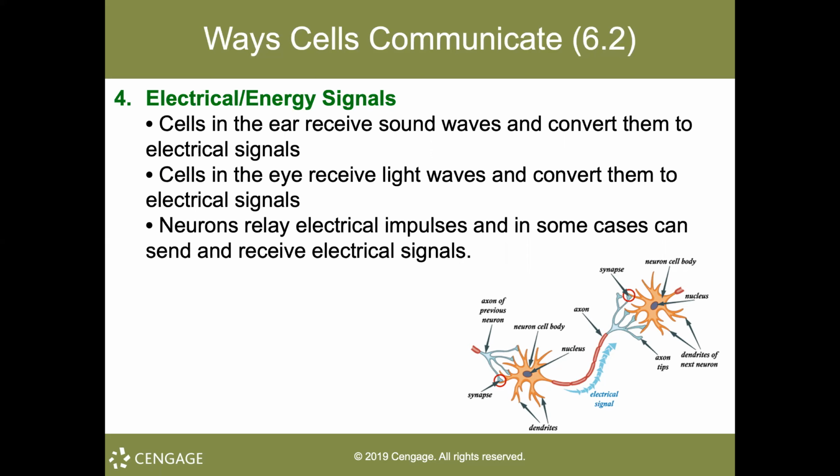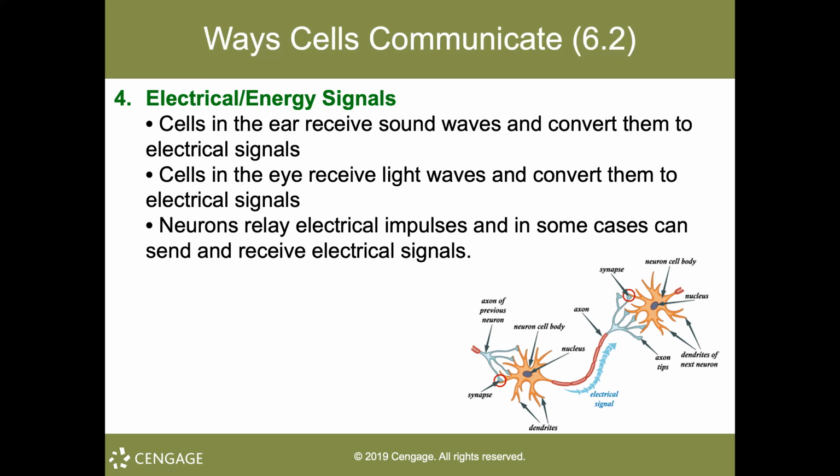That release of neurotransmitters and binding to a target neuron will cause another electrical impulse to happen in the target cell. All right. And so electrical signals is another way that a message or a signal can travel.